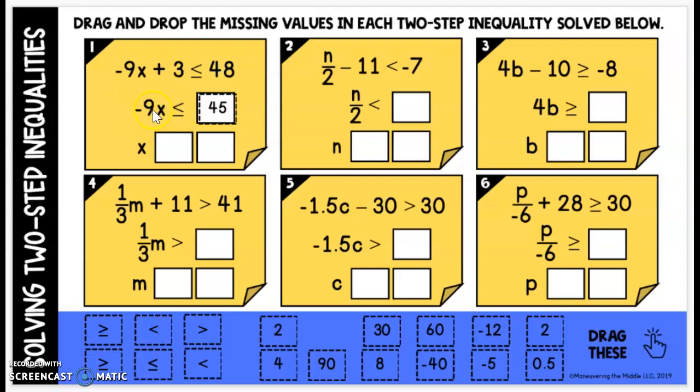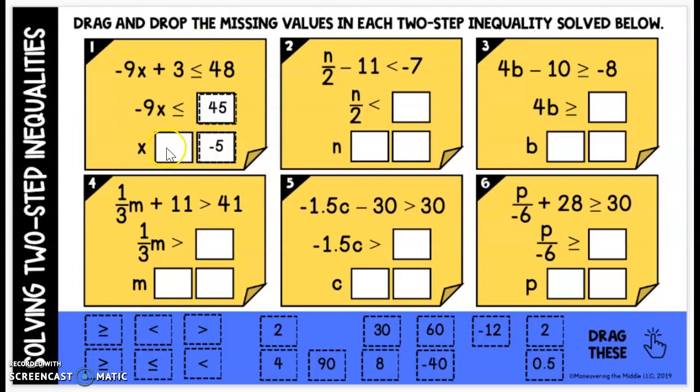Now I have -9x, or -9 times x. The inverse operation of multiplication is division. So I divide this side by -9 and I divide this side by -9. 45 divided by -9 is -5. Now, here's the trick that you need to remember on what sign you need.